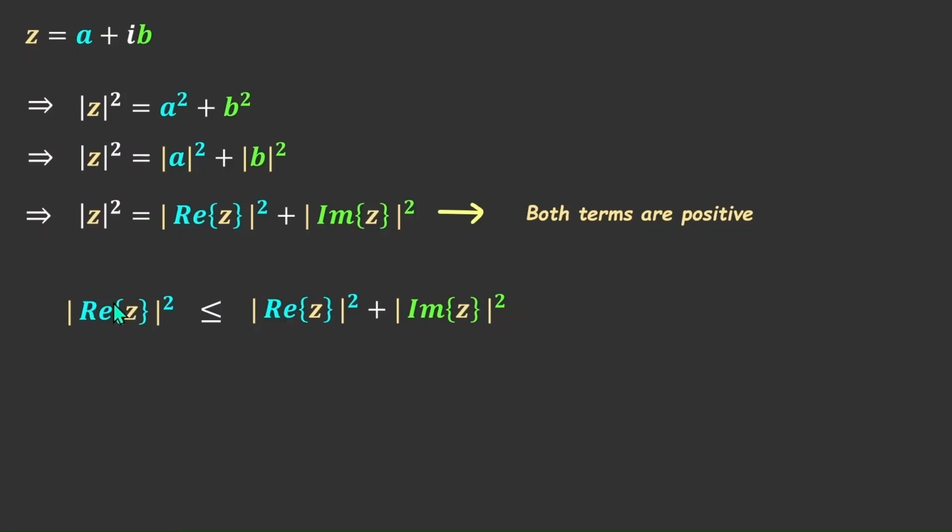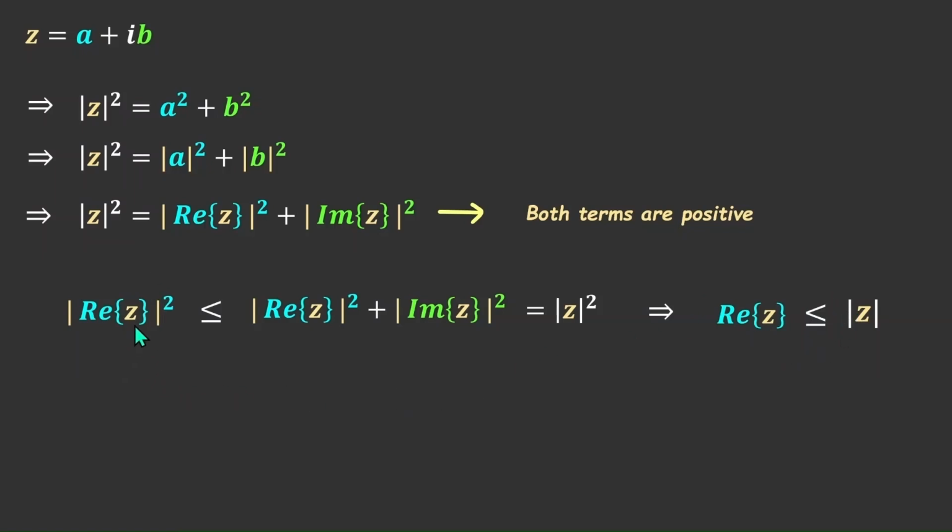So this will invariably be less than or equal to this, which is nothing but mod Z whole square. Now this equality condition would happen when imaginary part of Z is 0. Alright. So ultimately we get here that mod of real part of Z whole square is less than or equal to mod of Z whole square, which ultimately gives us the condition that real part of Z should be less than or equal to mod of Z.